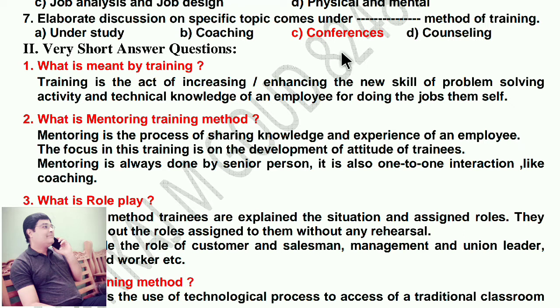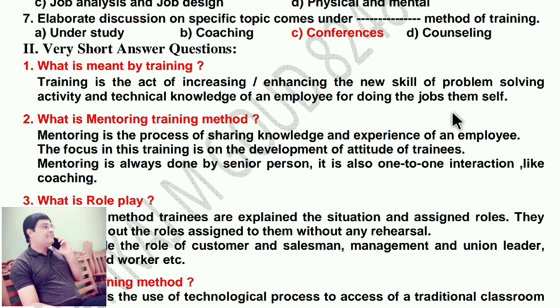Now see the first very short answer question. What is meant by training? Training is the act of increasing or enhancing the new skill of problem solving activity and technical knowledge of an employee for doing the jobs themselves.